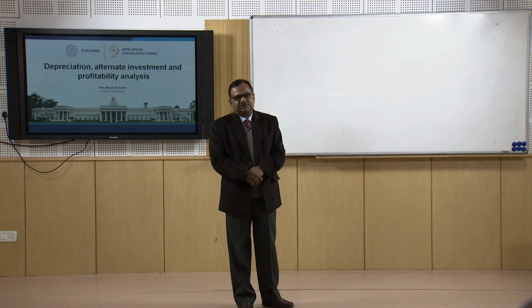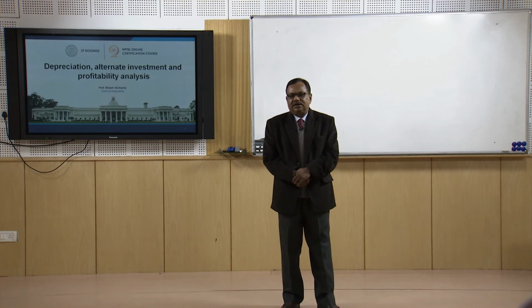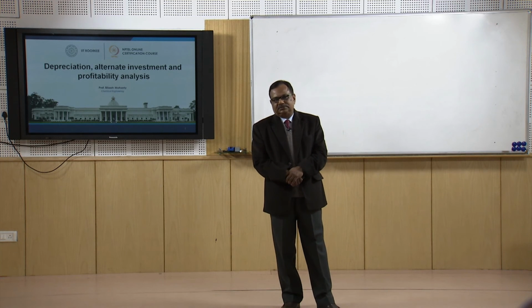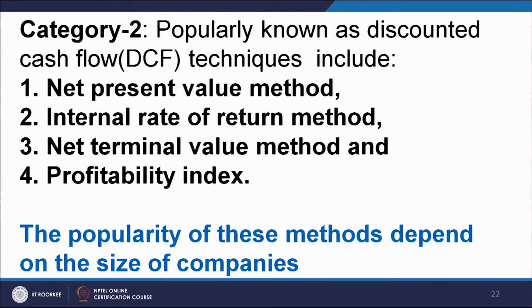The category 2 methods, popularly known as discounted cash flow methods or DCF methods, include: number 1, net present value method, number 2, internal rate of return method, number 3, net terminal value method, and number 4, profitability index method.